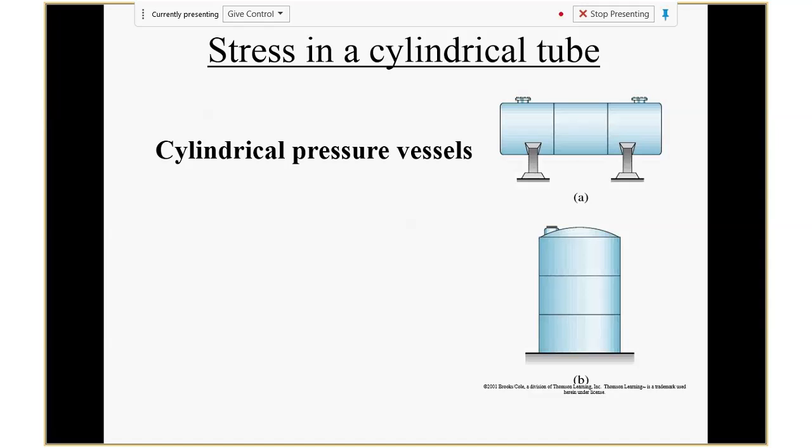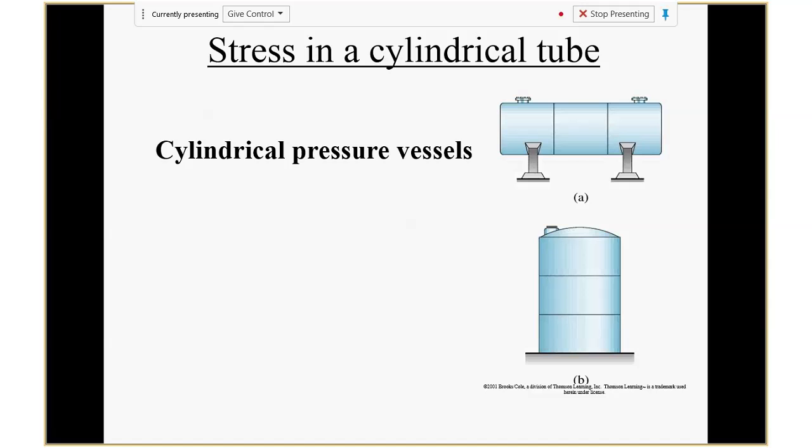You can see at the top there is a spherical container. In engineering practice, there are many times you need to figure out what kind of stress is in this kind of container, so you can figure out whether it's strong enough or not. Because it's so common, we are going to cover it a little bit today.